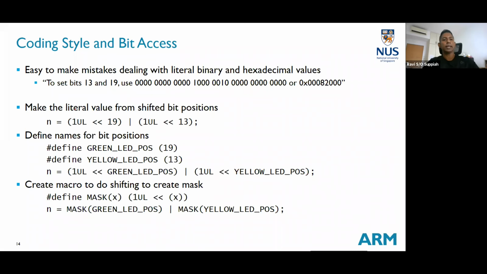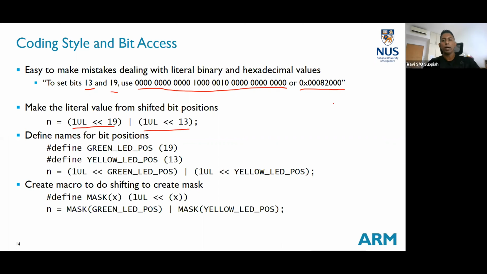If I want to set bits 13 and 19, and I use a binary bit mask like this or a hex bit mask like this and do an OR operation, yes, it can work. But it's obviously not the right choice, because you can make mistakes in either the binary or the hex representation. The other way is to do something like this, where one shifted left 19 is ORed with one shifted left 13.